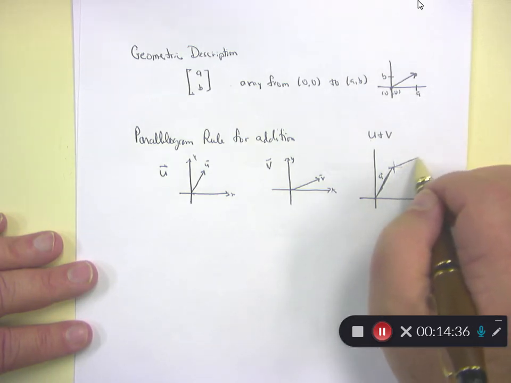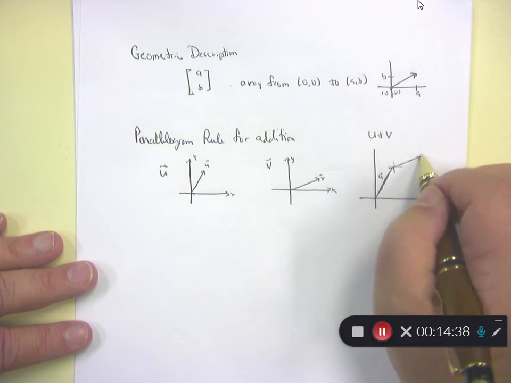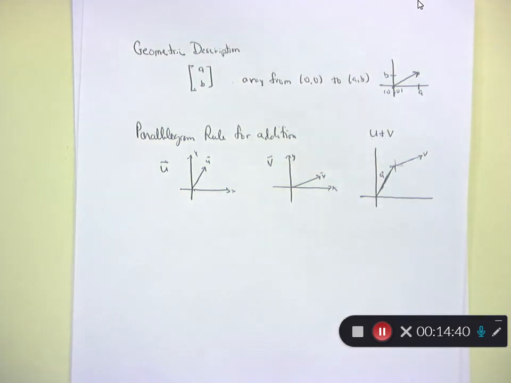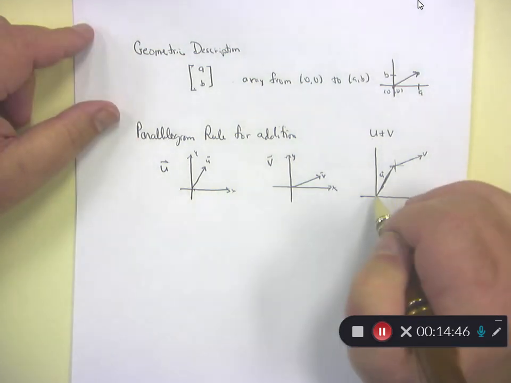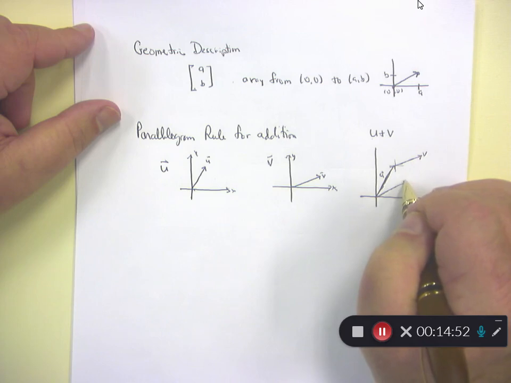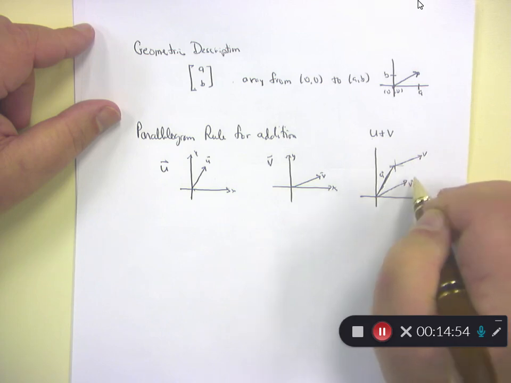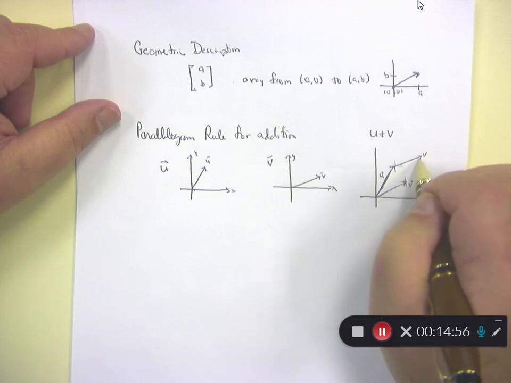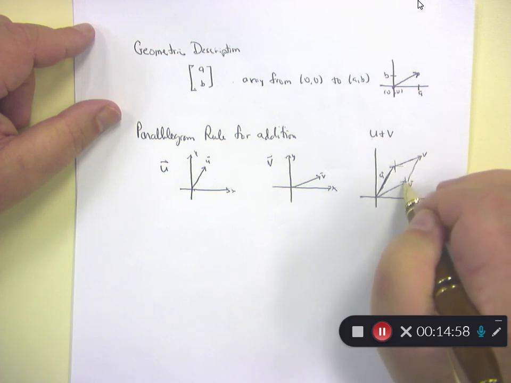This right here, vector v. But because of commutativity, u plus v is the same thing as v plus u. So you can sit down here at the original origin and draw yourself a vector V, and at the end of vector V, you put a little coordinate axis, and you draw U.